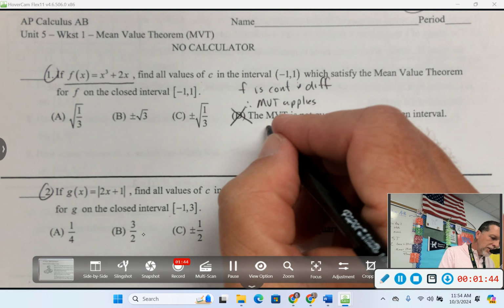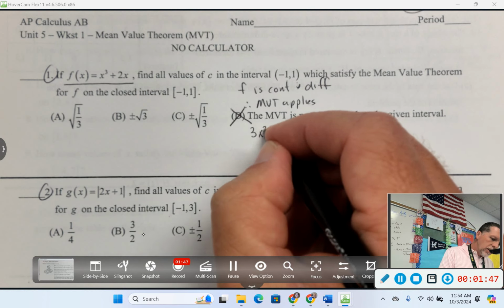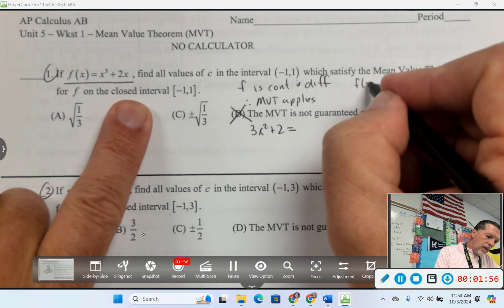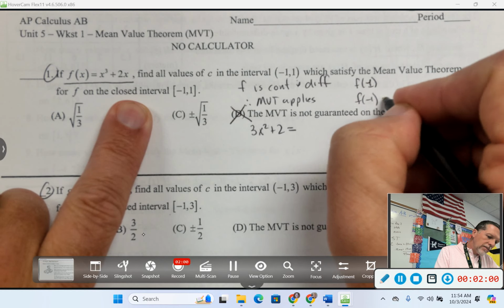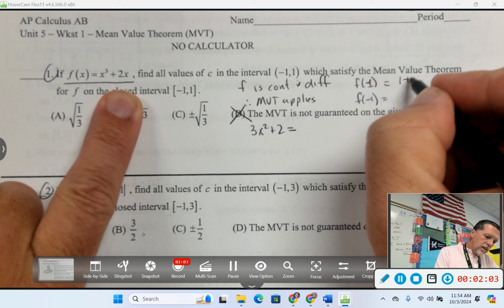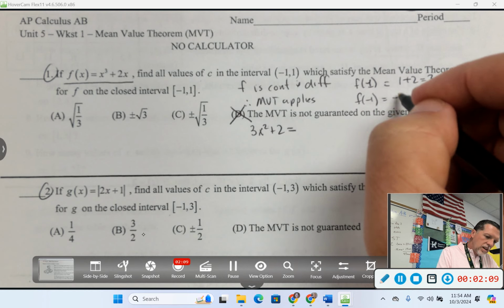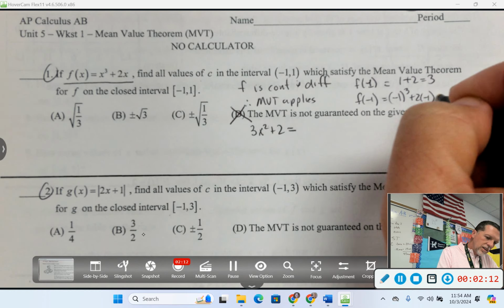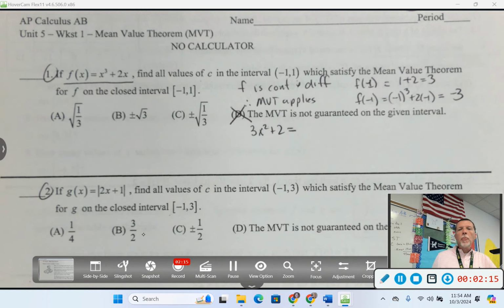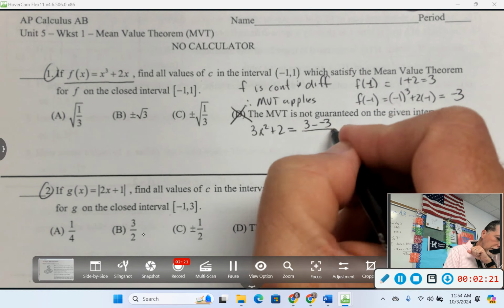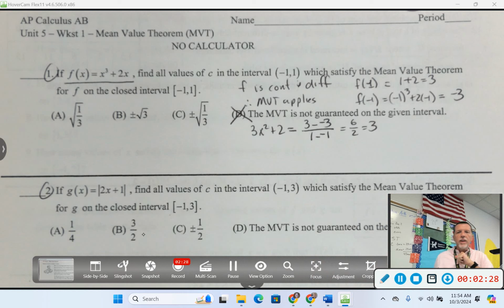So if it applies, that means the derivative equals the algebra slope. So 3x squared plus 2 equals, well, I've got to do the algebra slope. f of 1, f of -1. f of 1's easy. f of -1, a little harder, but y2 minus y1 over x2 minus x1. 6 over 2 is 3.